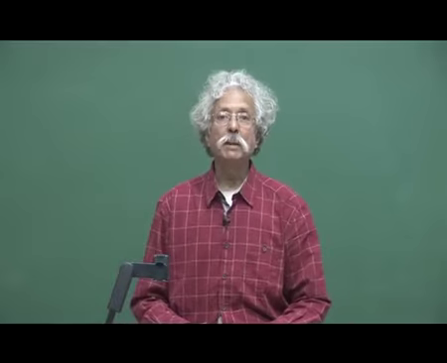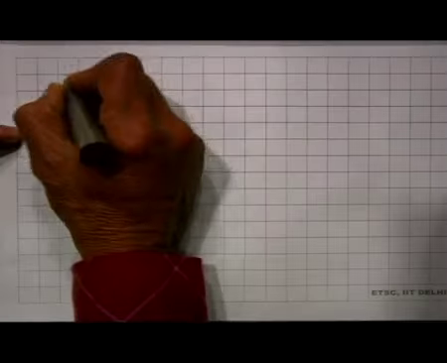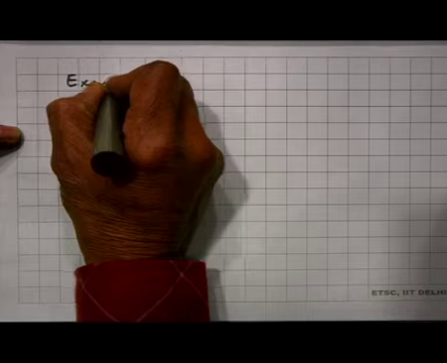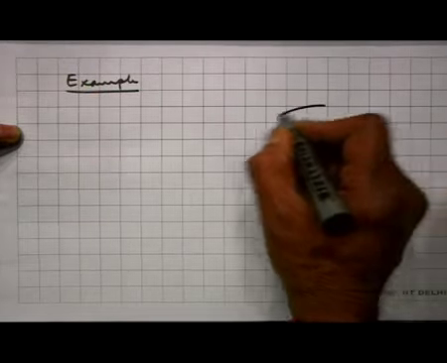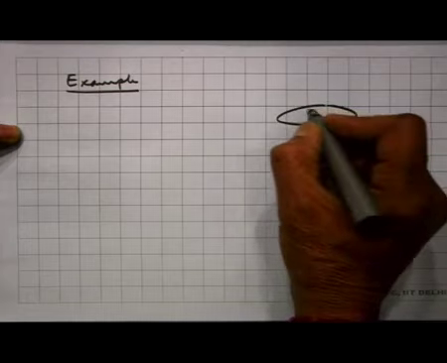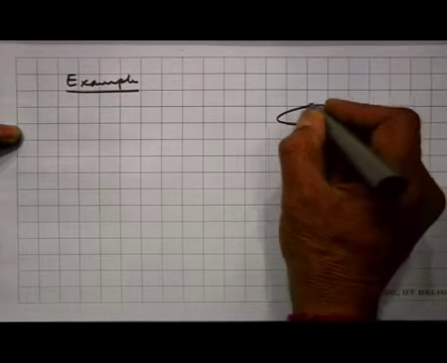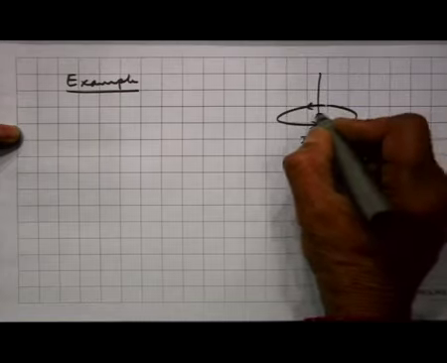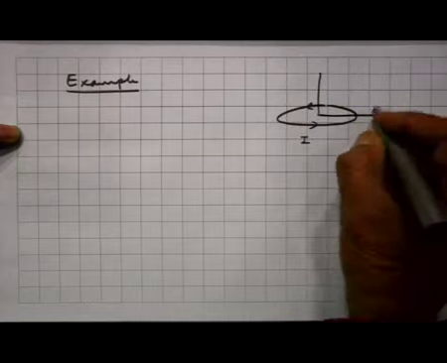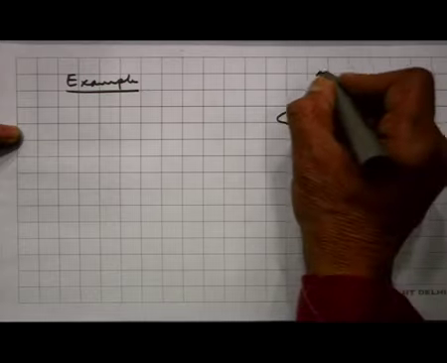Now, I want to look at one example here. So, let me assume I have a loop carrying current like this, placed in a magnetic field. So, let me call this x and this is y.